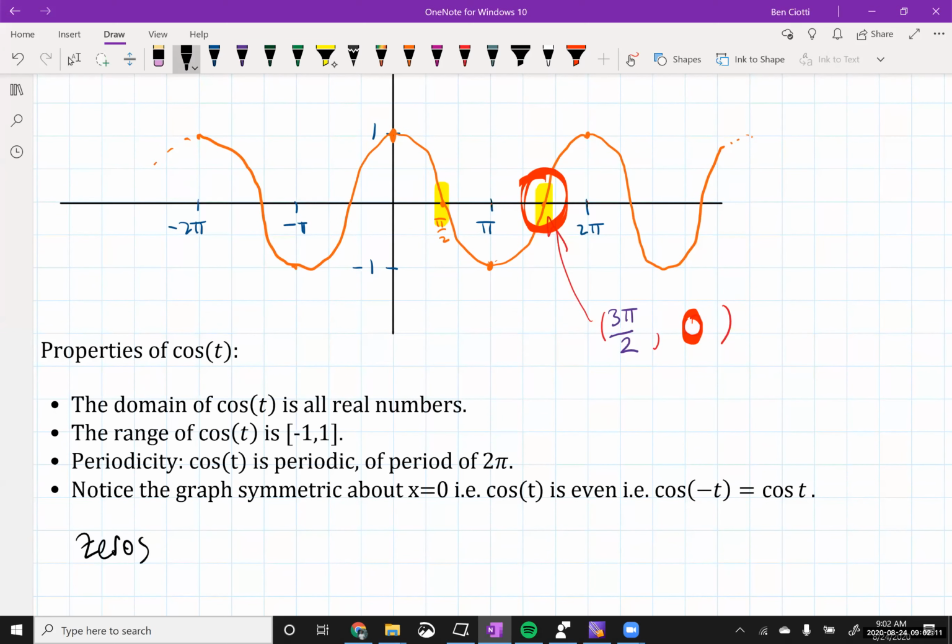And I can even say a bit more about the graphs. Let's look at Desmos one more time. Now let's look at negative cosine.